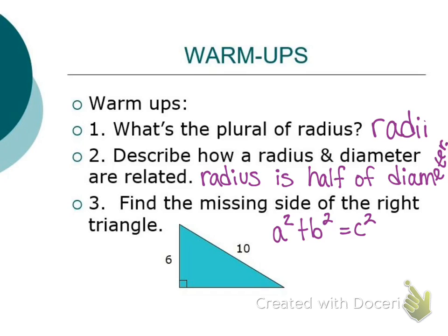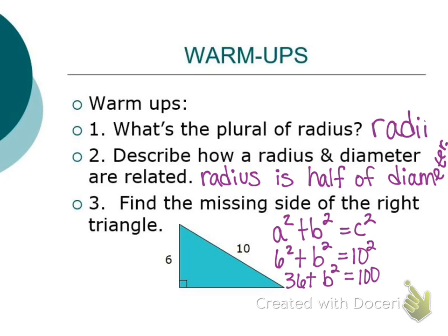So what do I plug in for a? 6 squared plus what's going in for b? A b, or if you want to change it to an x, you can. And then what's going in for c? 10 squared. 6 squared. 10 squared.